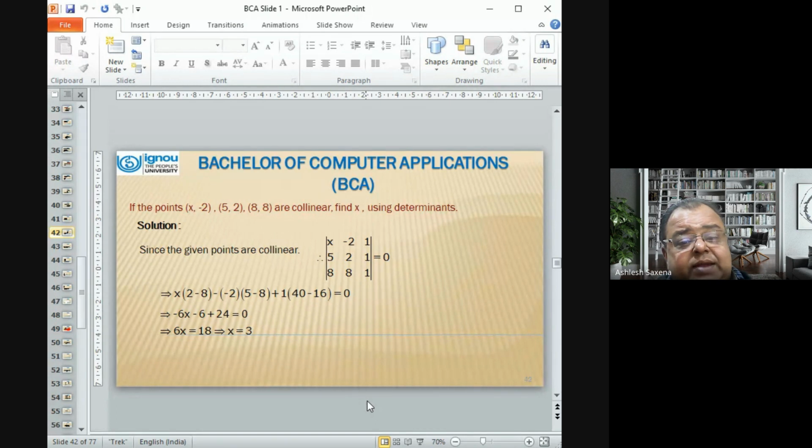Opening up, you will get -6x minus 6 plus 24, that will be 6x is equal to 18. Take that side, the minus sign will be removed. You will be left with x equal to 3. That means your answer is x is equal to 3. The condition is that all these 3 points are collinear. If the points are collinear, the area of the triangle will be equal to 0.